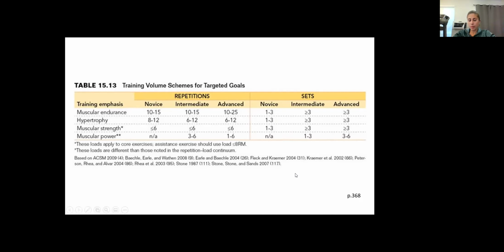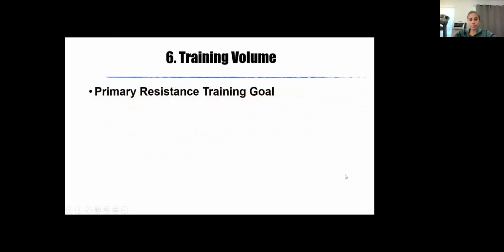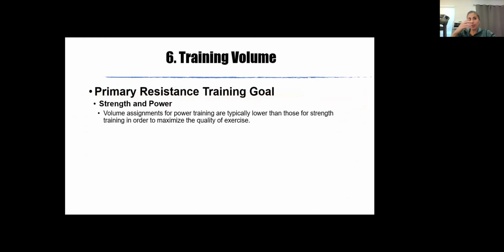Again, this is all review. There shouldn't be anything new on this slide for you. We're looking at different goals. If your goal is strength or power, your volume will be lower for power than for someone doing strength training. We saw the sets and repetitions were capped at 6, and the sets were 1 to 3, to 6 as well.